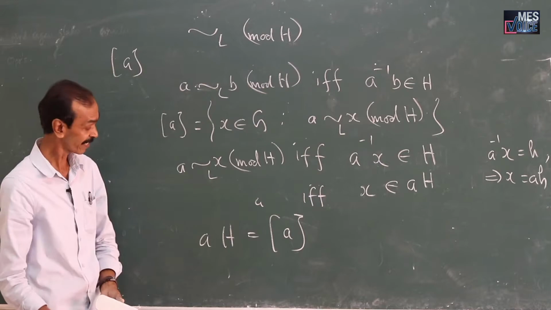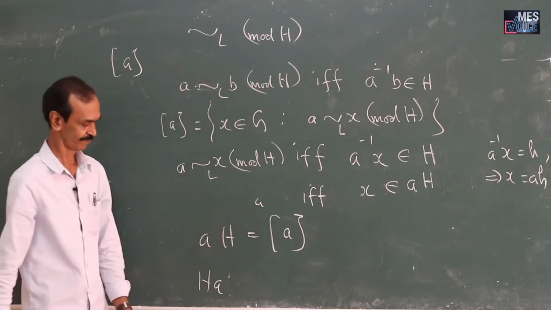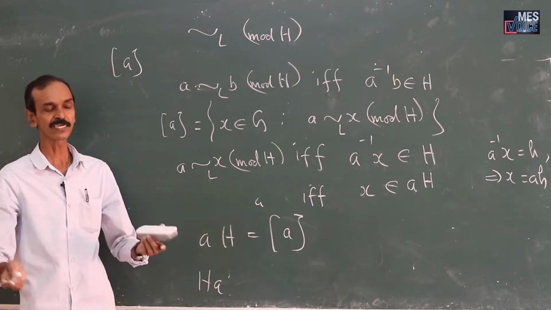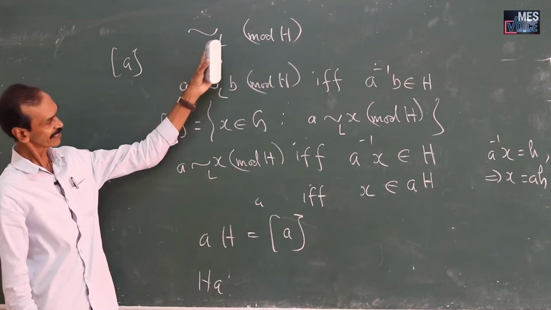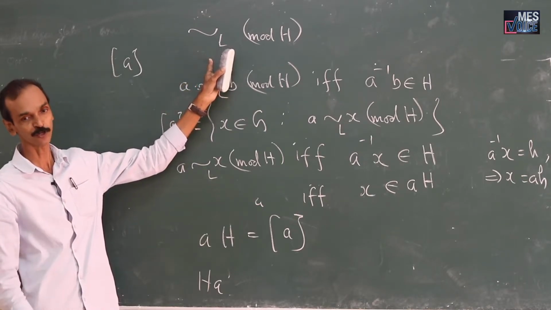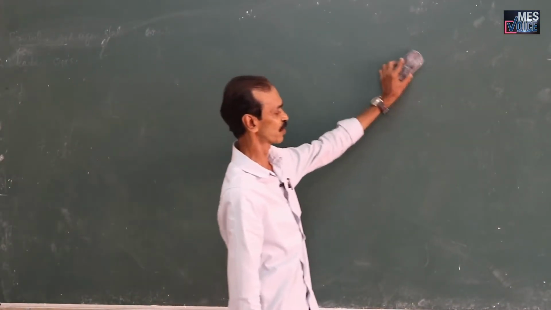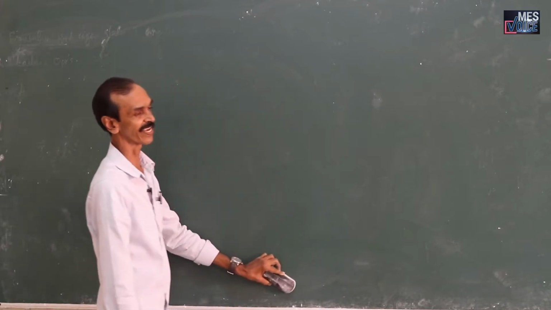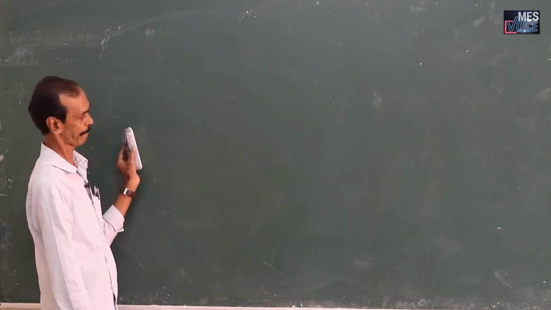They are precisely the right cosets of H in G. So, this is the relation between the equivalence classes of this equivalence relation and cosets. Thus, we have seen the relation between equivalence classes of A and cosets of H in G containing A.